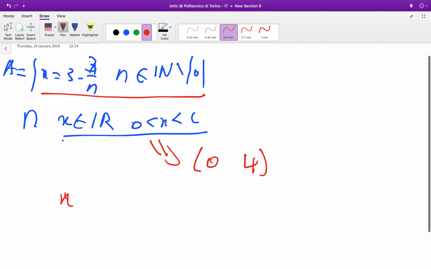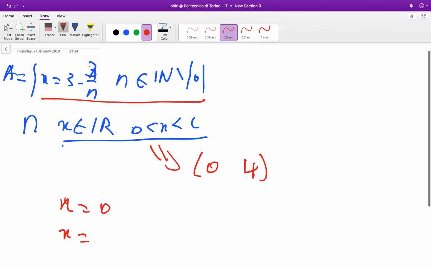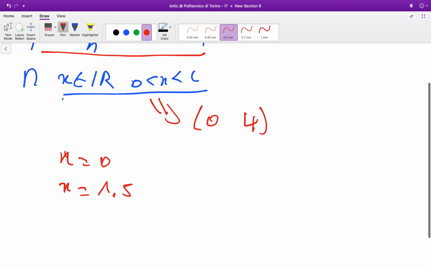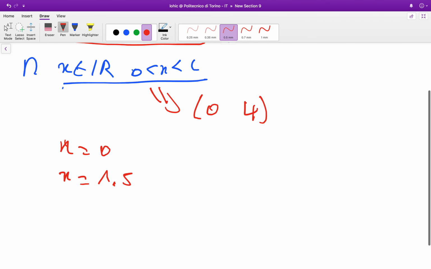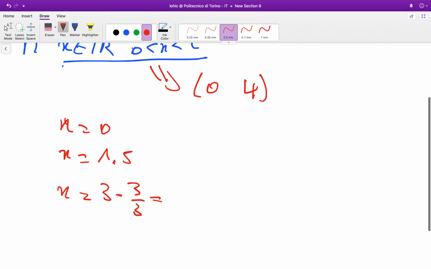In this case, we start by taking n equal to 1, and we get 3 minus 3, which is 0, right? Then one gets x equal to 3 minus 3 over 2, that is 1.5, and so on and so forth. Then you will have x equal to 3 minus 3 over 3. No, 3 minus 3 over 3 will give you 2, right?